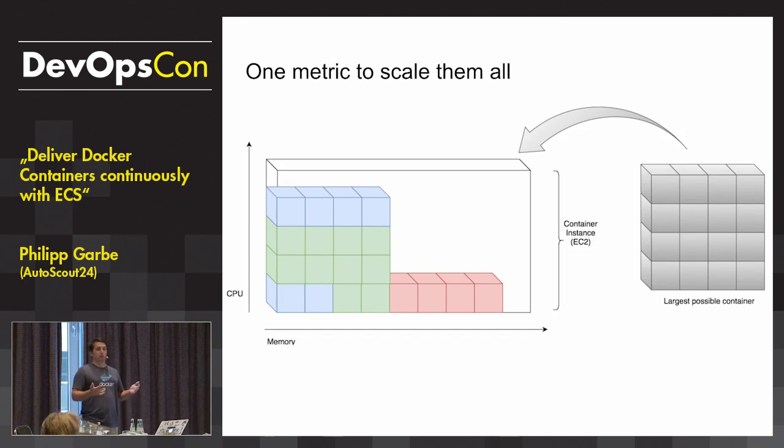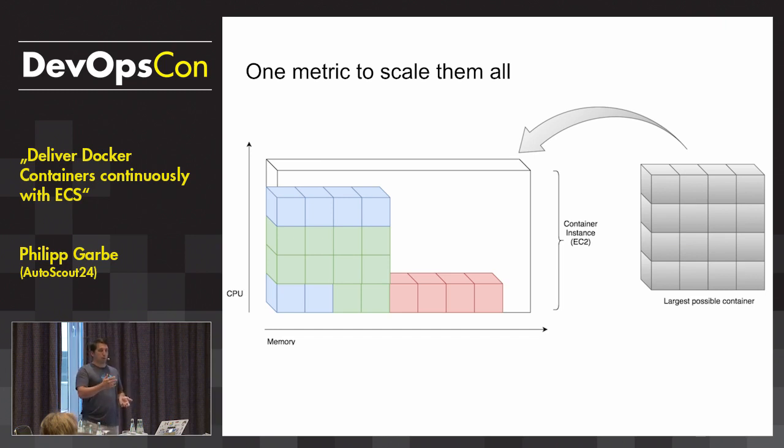We basically need only one metric that says, do we have to scale out or do we have to scale in? And what we do now is we calculate how many of our maximum containers can be scheduled, or how much free capacity we have. We do that for each host every minute. And this number is then stored as a CloudWatch metric.